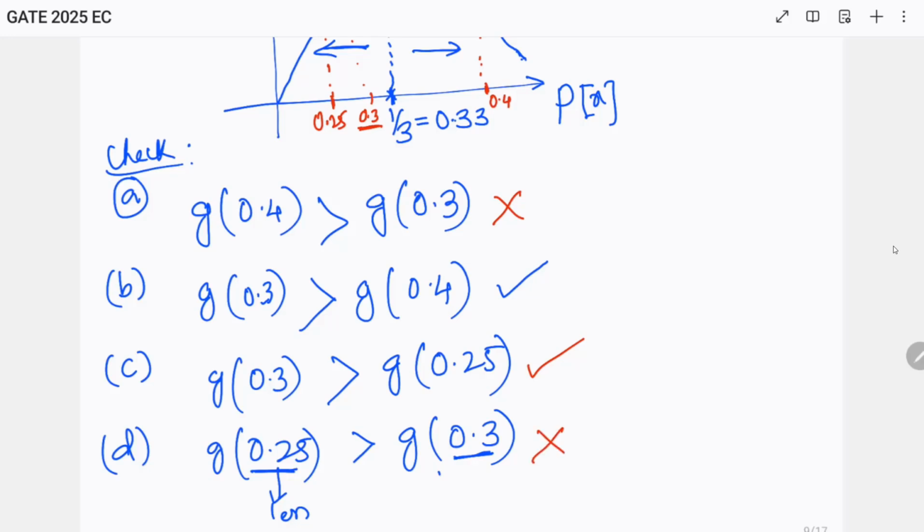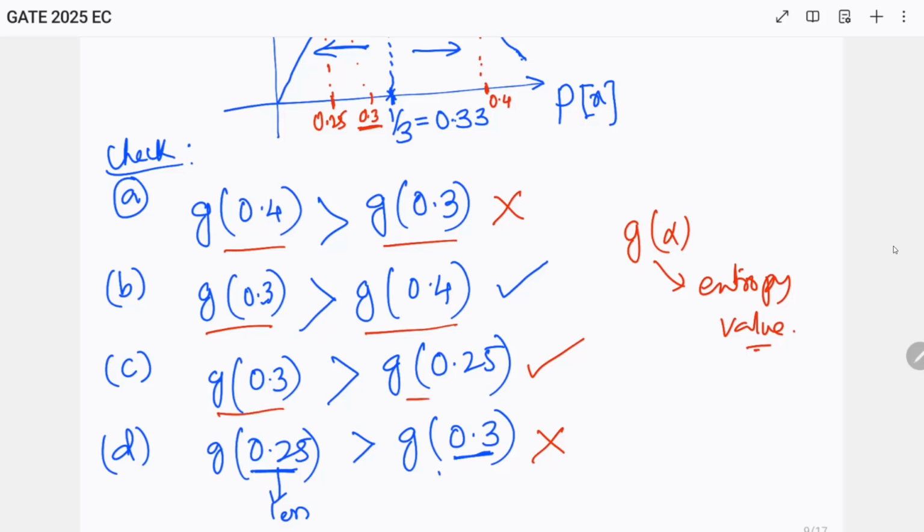One more thing I just want to clarify. g of alpha gives the entropy value. These are the entropy values, and from the curve I am finding the values and considering which statement is correct.